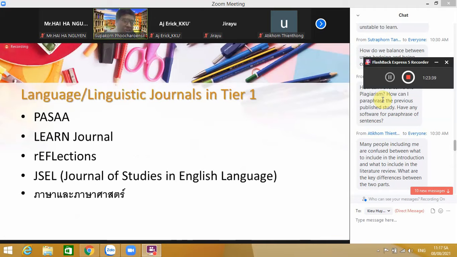At Thammasat University, the Faculty of Liberal Arts also has another good journal called JSEL, Journal of Studies in the English Language. It was formerly known as JES, Journal of English Studies, and then the title was changed. And Thammasat also has another journal publishing both Thai and English articles in language and linguistics, right?